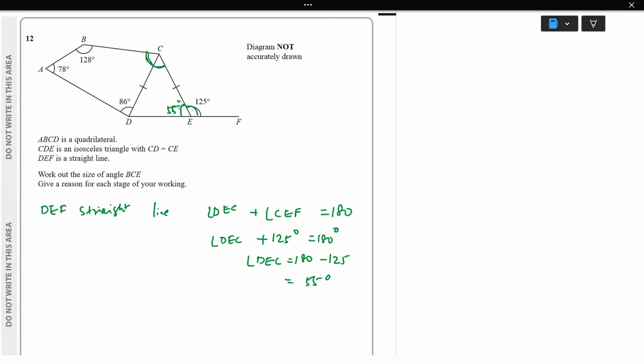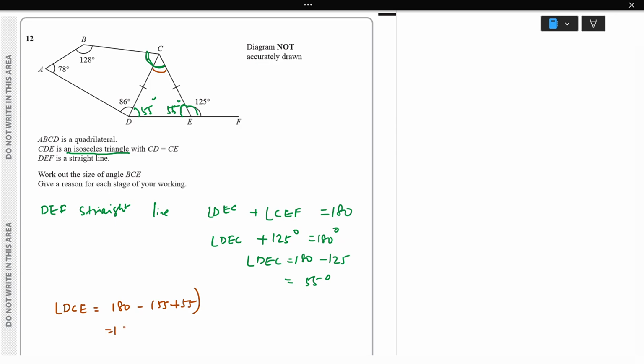So here is 55, then here also is 55 because the question is given as an isosceles triangle, so the base angles are equal. Now we can find this angle by the angle sum property. Angle DCE equals 180 minus (55 plus 55).